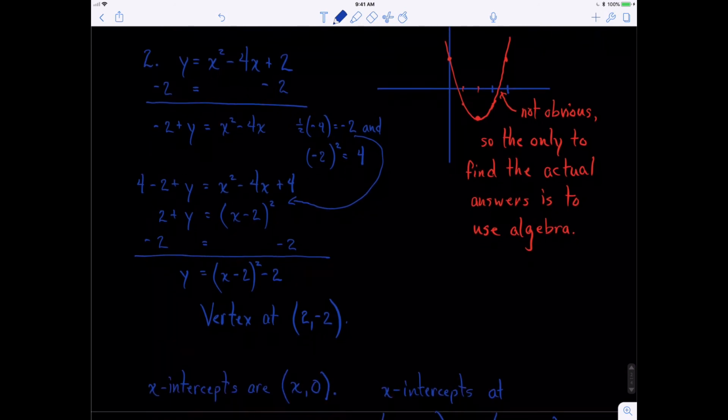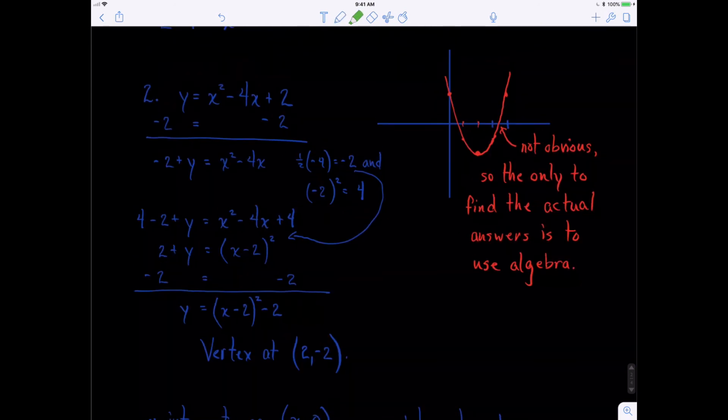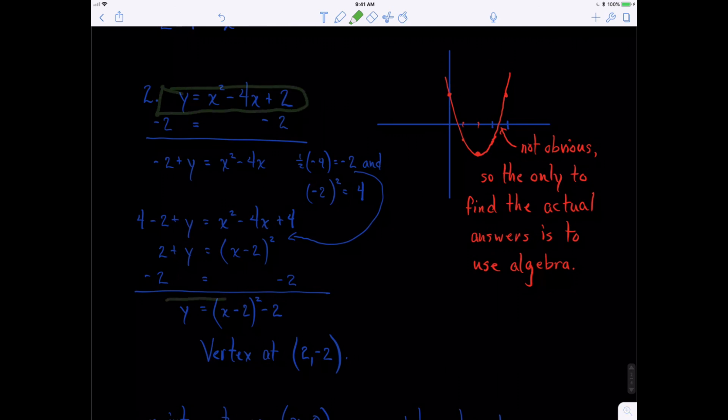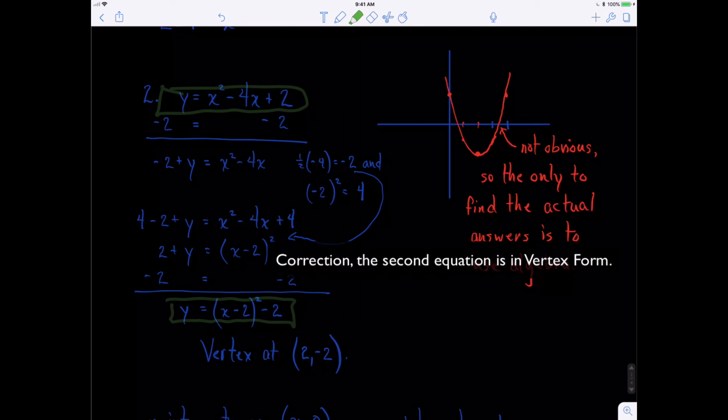Here's the original form, and here's my standard form. Notice the standard form is really helpful when you need a vertex or to solve for the x-intercepts. But the polynomial form is more useful when you're looking for the y-intercept.